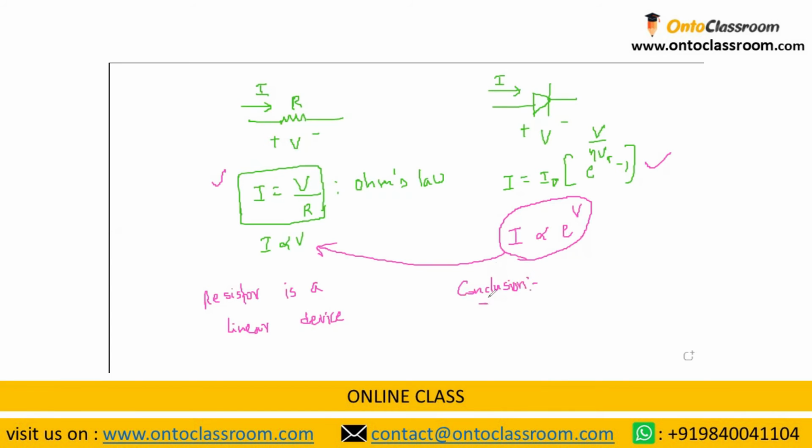Very good. So diode is simply a non-linear device. Let me write here very clearly: diode is a non-linear device. So why are we claiming that diode is a non-linear device?